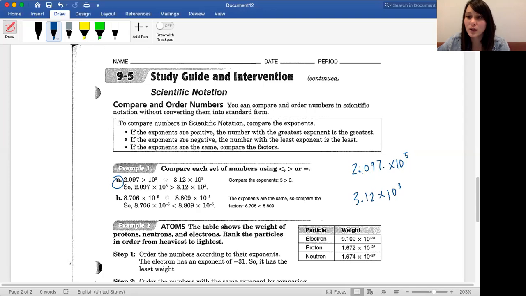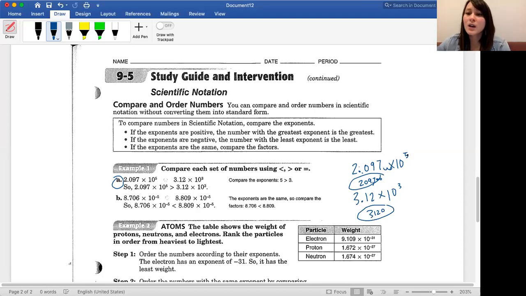1, 2, 3, 4, 5. So this will be 209,700, and then this would become 1, 2, 3. This would become 3,120.